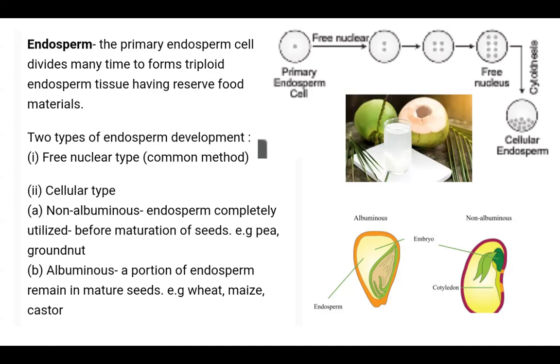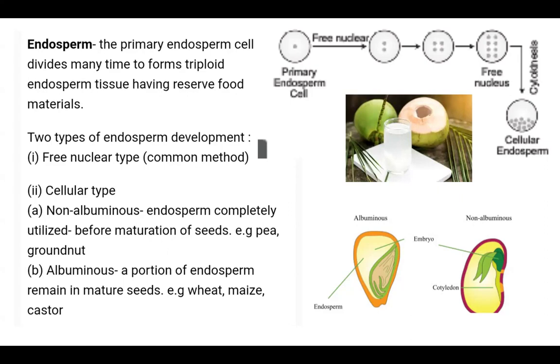So we have a free nuclear type, and then a cellular type of endosperm development. Among these, we have the non-albuminous seeds, which completely utilize the endosperm during the maturation of seeds. Examples are pea, groundnut.